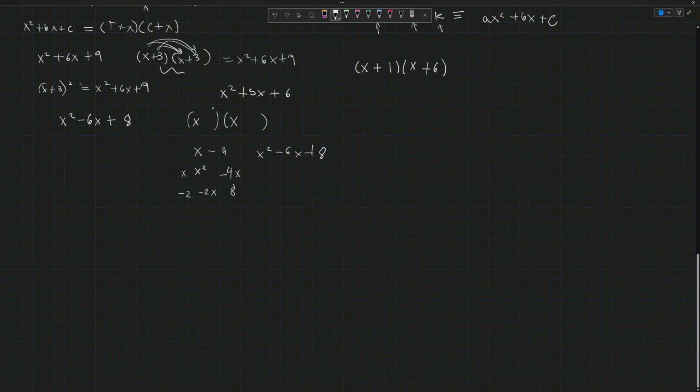Now, the problem with this method is that it requires you to take a guess. And if you don't get that guess, it just becomes a crappier guess. But if you remember that a times b has to be equal to c, and that a plus b has to be equal to b, or I guess we could say that a times b has to be equal to c, because we're trying to find that.